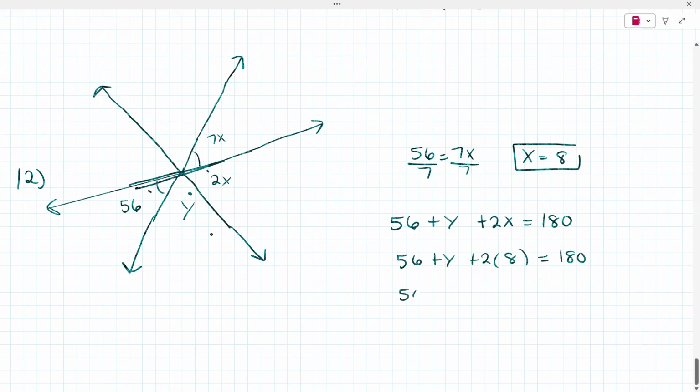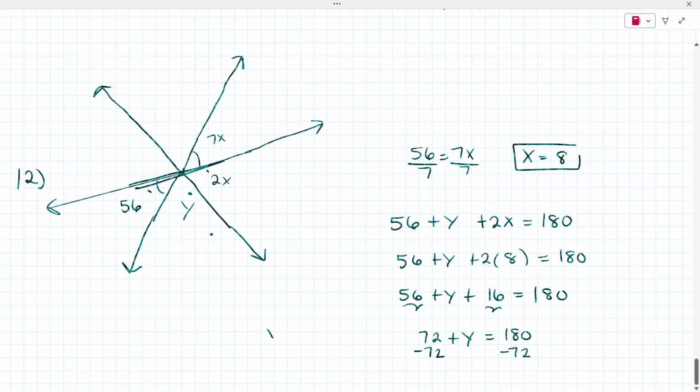So it's 56 plus y. And then 2 times 8 is 16. 56 plus 16 is 72, plus y equals 180. Subtract 72.